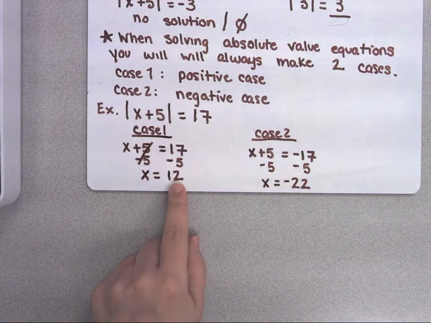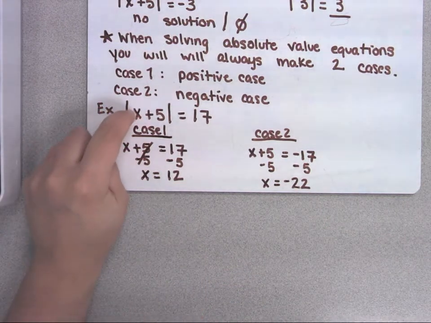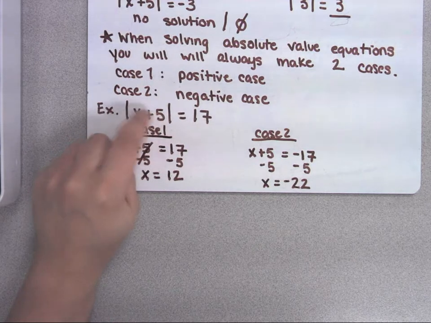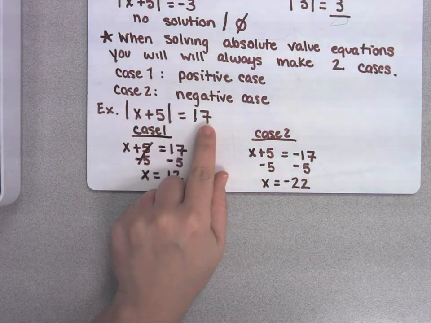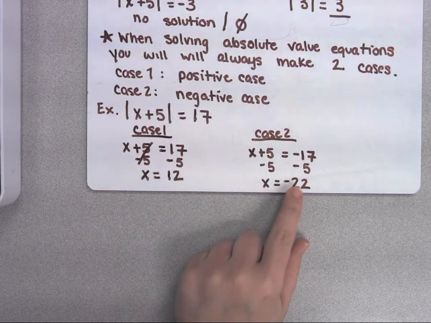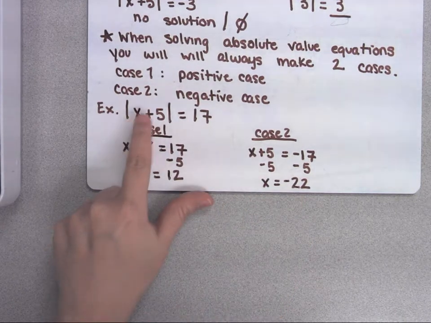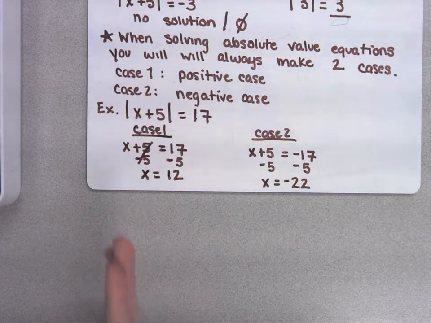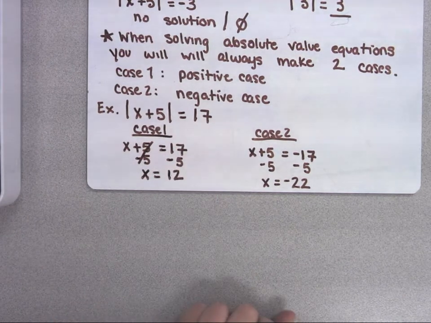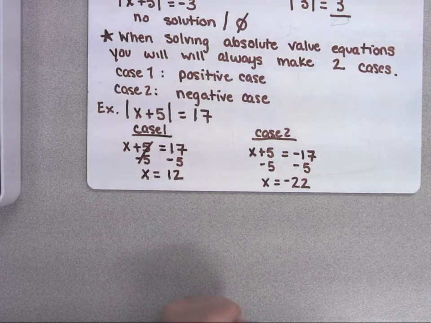Take 12, plug it into up top. 12 plus 5. Is that 17? Absolute value 17, is that still 17? Okay, good. Then take the negative 22. Negative 22 plus 5, that's negative 17. When you take the absolute value of negative 17, do you still get 17? Yep, so that's how you can check.